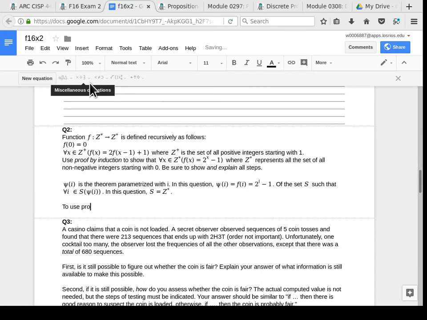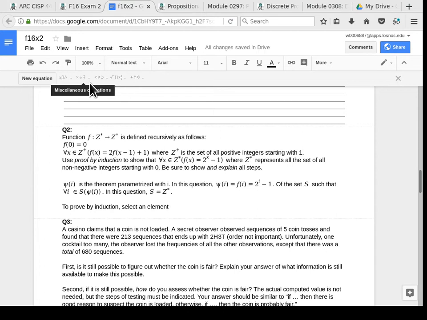To prove by induction, select an element from S, and prove, let me say specific elements.